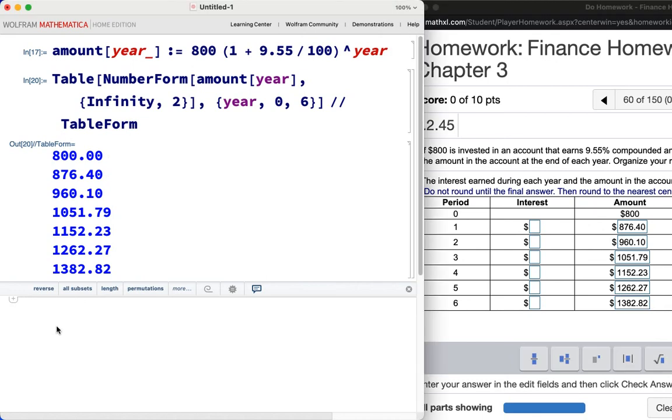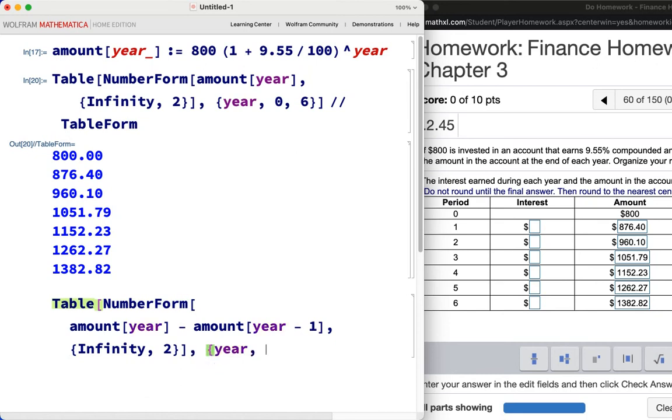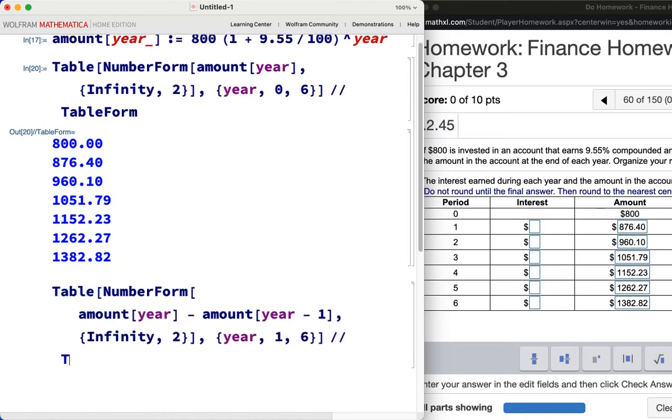Oh, excuse me. So table, number form, amount year minus amount year minus 1, infinity 2, close the number form command. Year goes from 1 to 6. Not 0 to 6 this time, but 1 to 6.